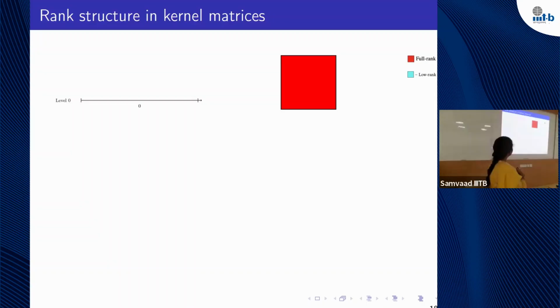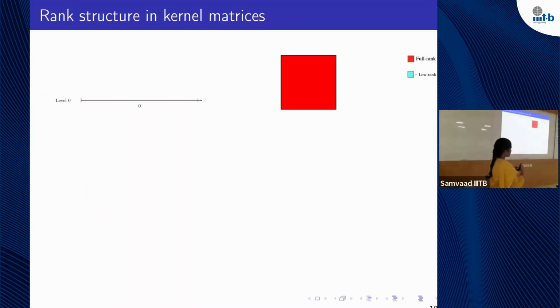But since the way you construct this covariance matrix is k of x comma x, you evaluate at the same points itself. So according to the numerical justification that we have previously seen, if the clusters are not separable, then you have a full rank matrix. So I represent this in red to illustrate that this is a full rank matrix.